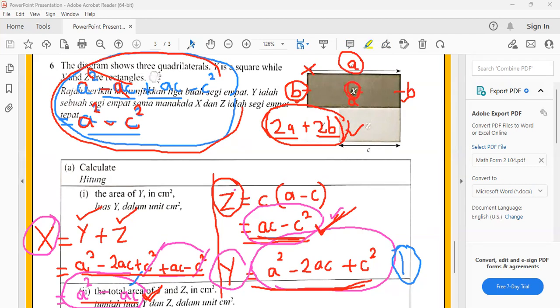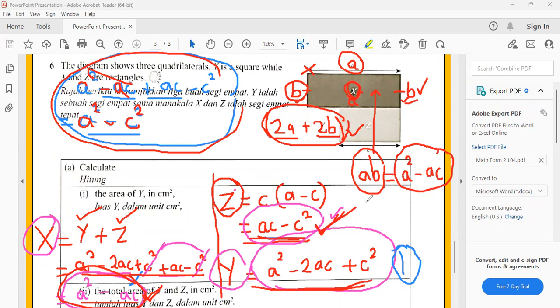So, the area for X that we counted earlier was A squared minus AC. Can you see that? So now you can say your AB is equivalent to A squared minus AC. So this is coming from here. We know now this is B, and this is what we derived earlier.